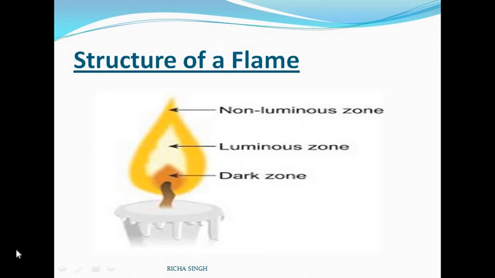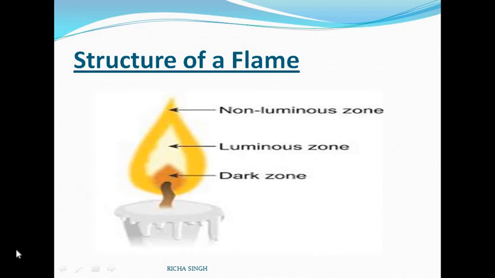Now, structure of a flame. You could say that candle flame is yellow and luminous due to incomplete combustion, and the kerosene one is blue in a gas stove because of complete combustion. So, according to Berzelius in 1822, he discovered that a candle consists of 4 basic zones.